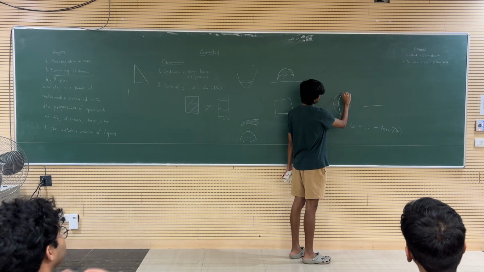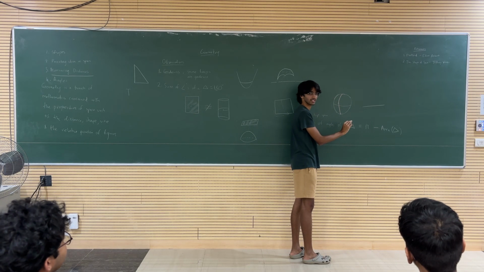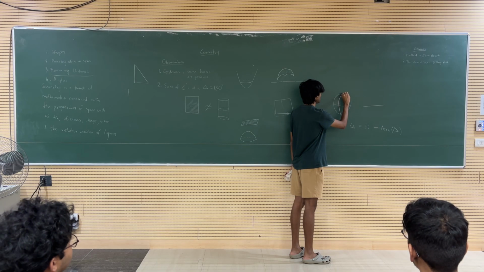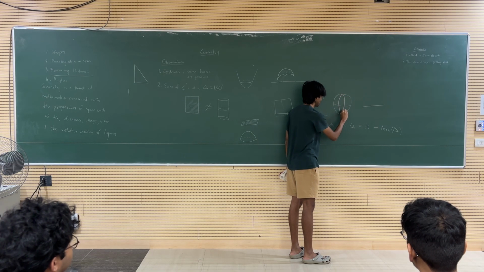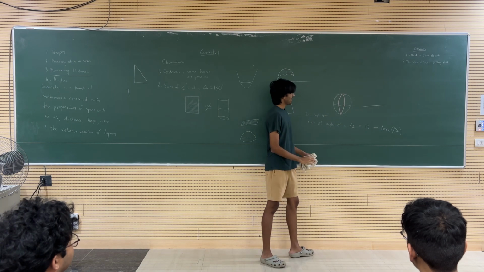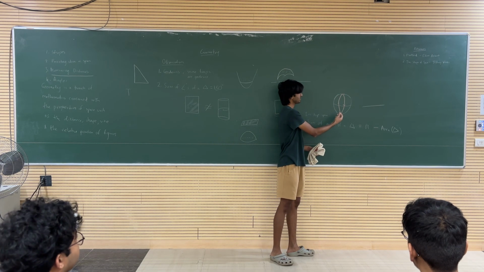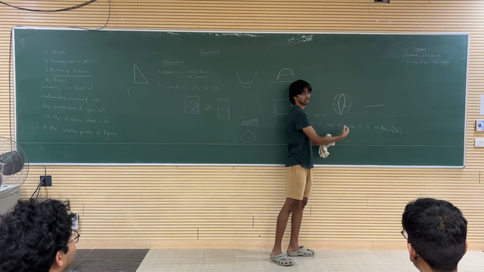And now she can go back from the North Pole to the South Pole via a geodesic. And if you look at this path as a whole, then it's smooth.